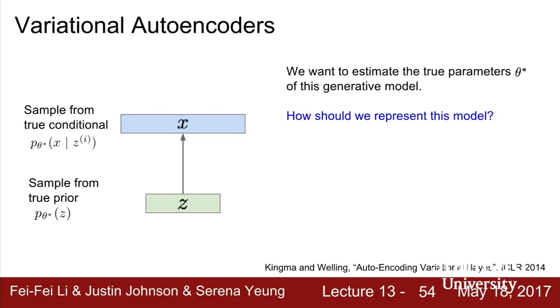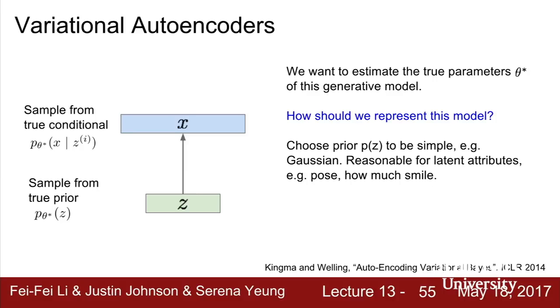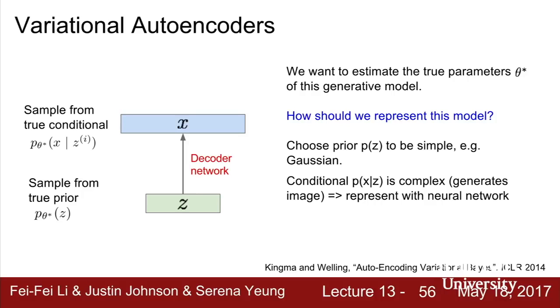Okay, so let's first talk about how we should represent this model. If we're going to have a model for this generative process, we've already said that we can choose our prior p of z to be something simple, something like a Gaussian, and this is a reasonable thing to choose for latent attributes. Now our conditional distribution, p of x given z, is much more complex, because we need to use it to generate an image.